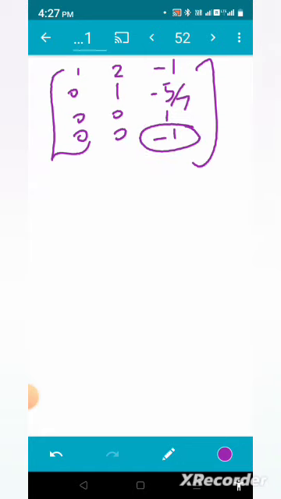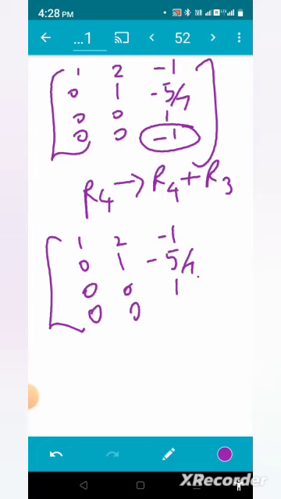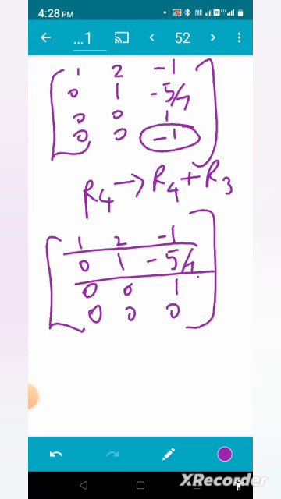So I create 0 here. So R4 gives R4 plus R3, that is 1, 2, minus 1, 0; 1, minus 5 by 7, 0; 0, 1; R4 plus R3, 0, 0, minus 1 plus 1 is 0. So 0, 0, 0. So the number of non-zero rows are 2.